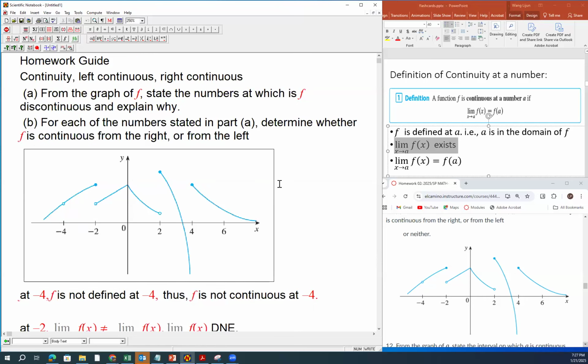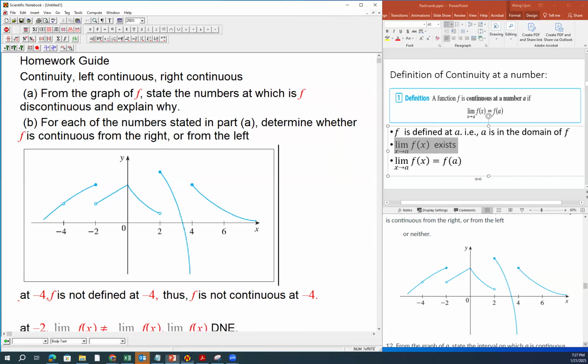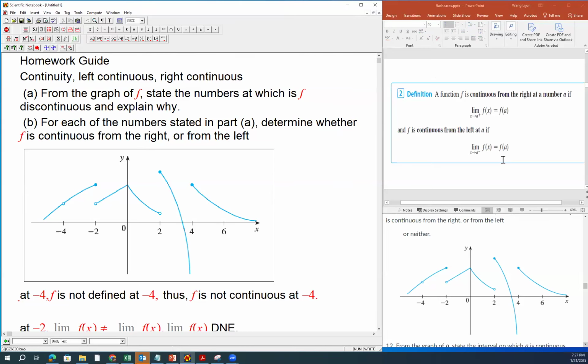Okay, so let's look at the second question. The second question is asking, for each of the numbers stated in A, determine whether the function is continuous from the right or from the left. This will be interesting because we need to look at the definition of continuity from left or right.